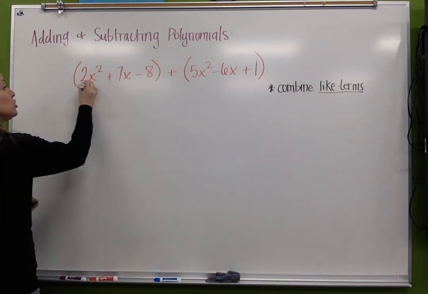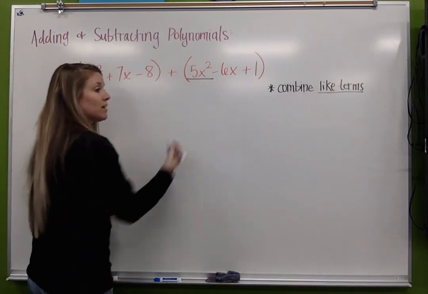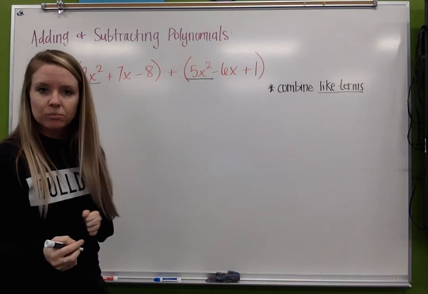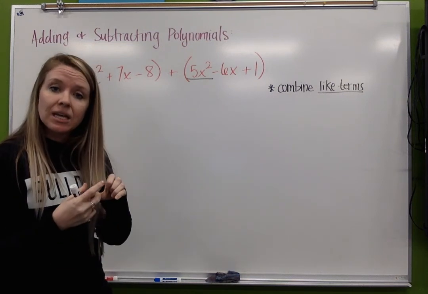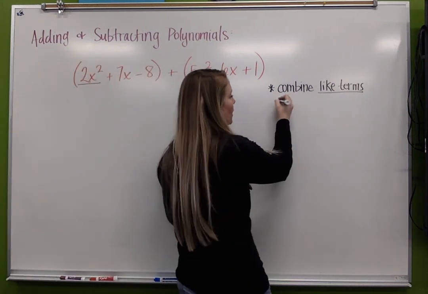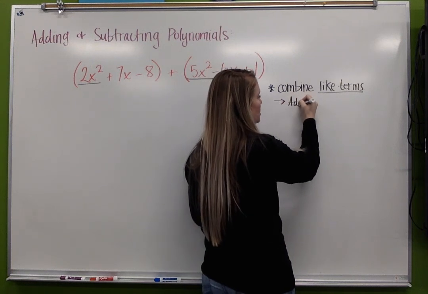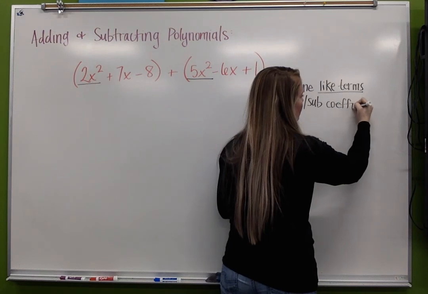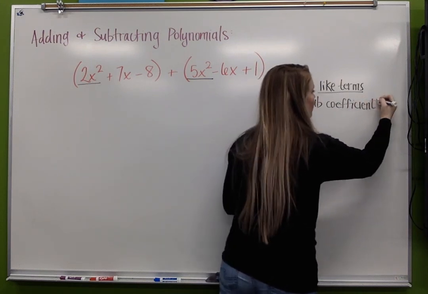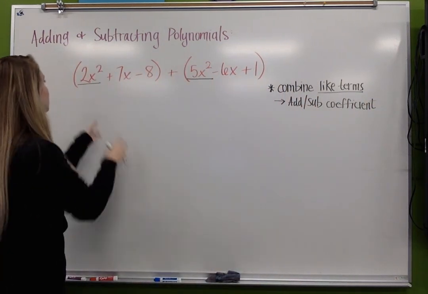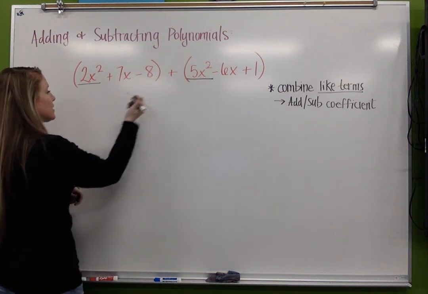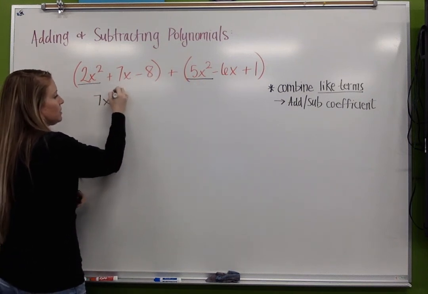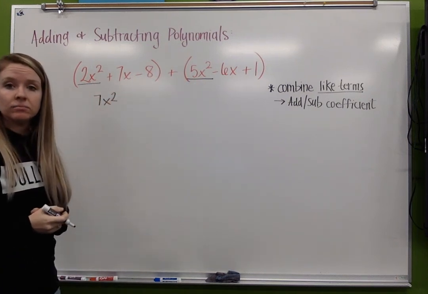So our 2x squared and our 5x squared, those are like terms. When we combine them together, we're just going to add or subtract the coefficient. So 2x squared plus 5x squared gives me 7x squared.